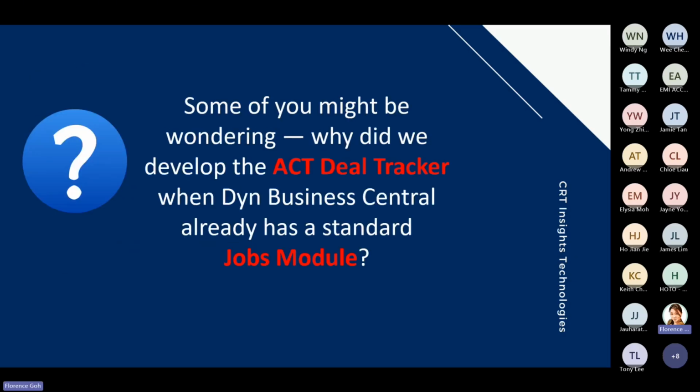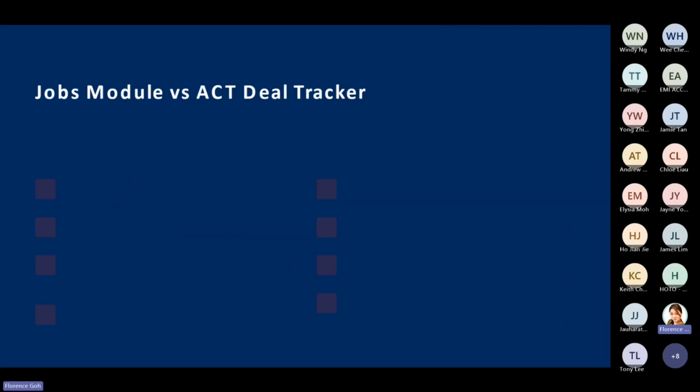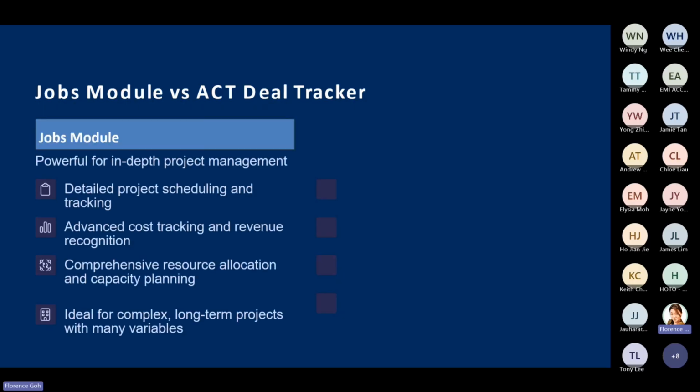Now, some might be wondering, why are you developing this Deal Tracker when BC already has a standard job module? There are two approaches to managing project and deal profitability: the job module and the Deal Tracker. The job module in Business Central is a powerful tool that gives you in-depth project management.